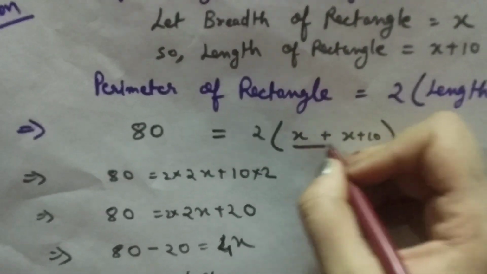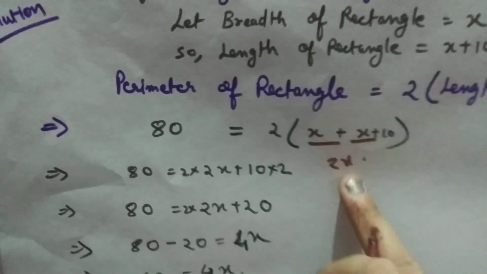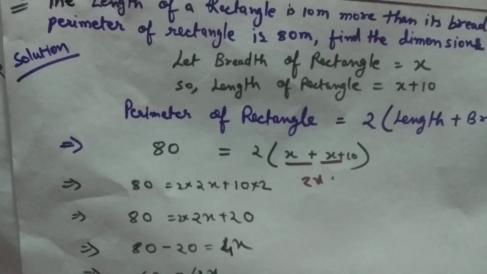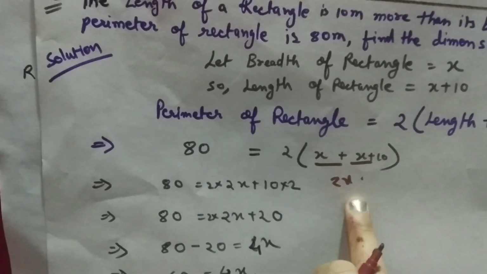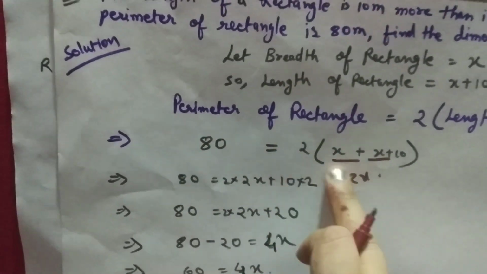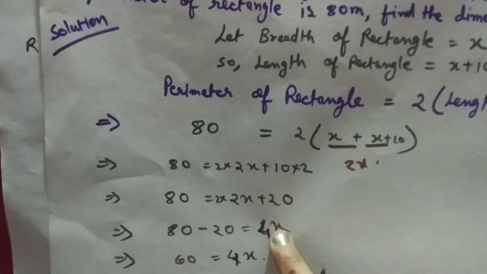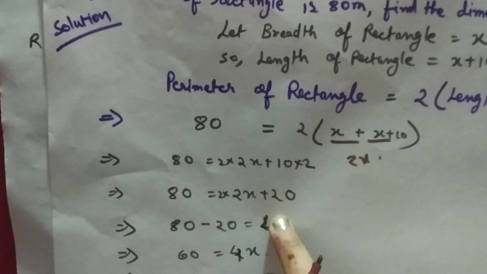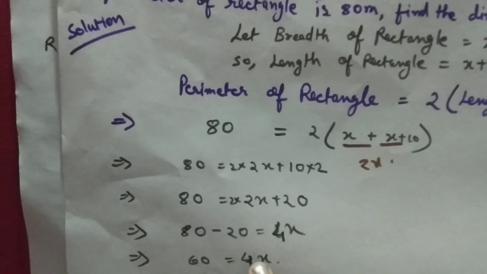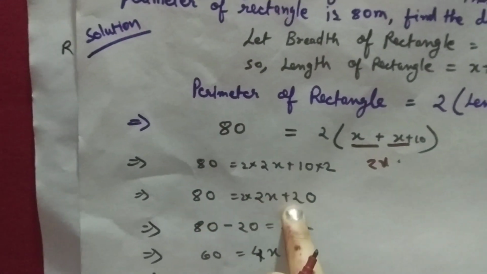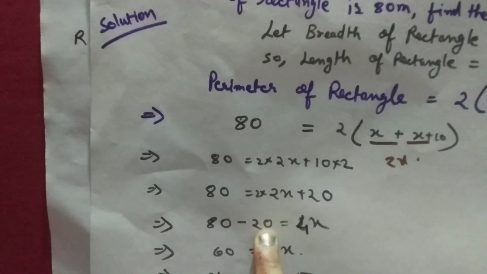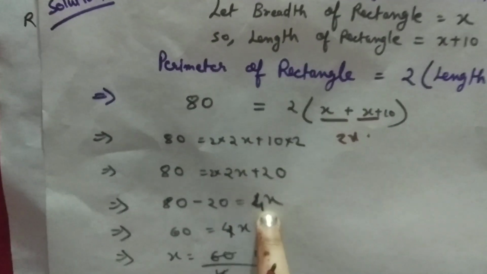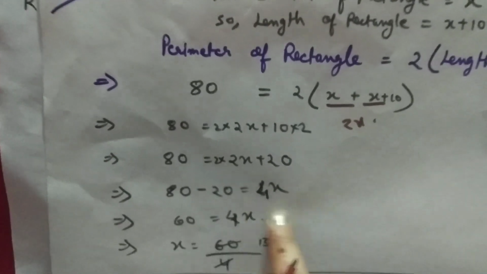x plus x is equal to 2x, so 2x plus 2x will be 4x. 2 into 10 is 20. 80 is mentioned here, so we bring these two constants together. 80 minus 20 is equal to 60. 4x is entirely on one side.